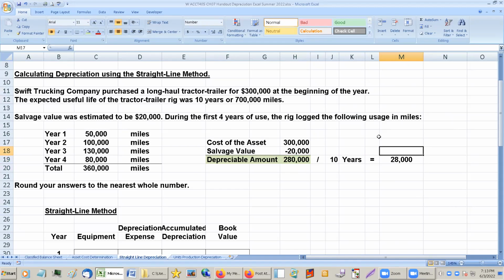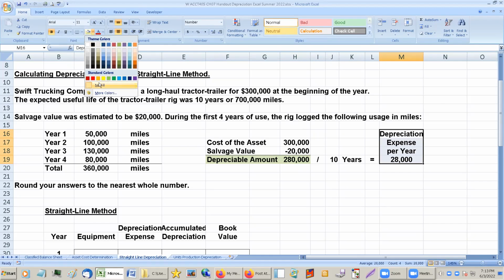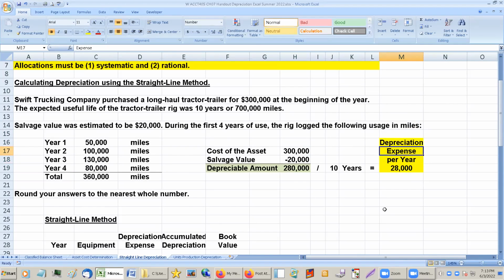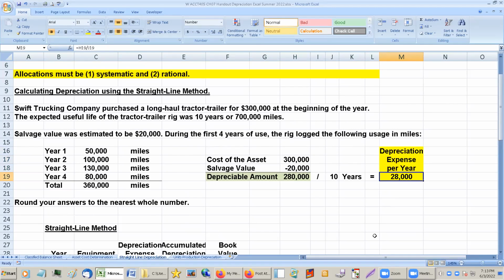So this will be the depreciation expense per year. So every year we're going to depreciate $28,000.